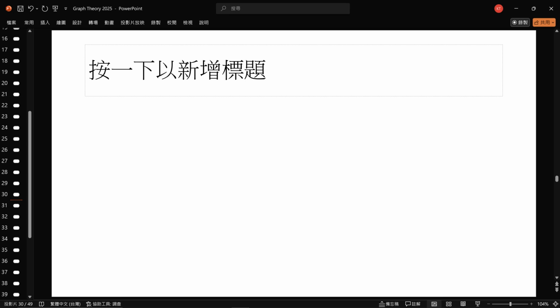Case 2 is when Vn, that is the one that has the smallest degree in graph G, is not adjacent to some vertex in this set, okay?